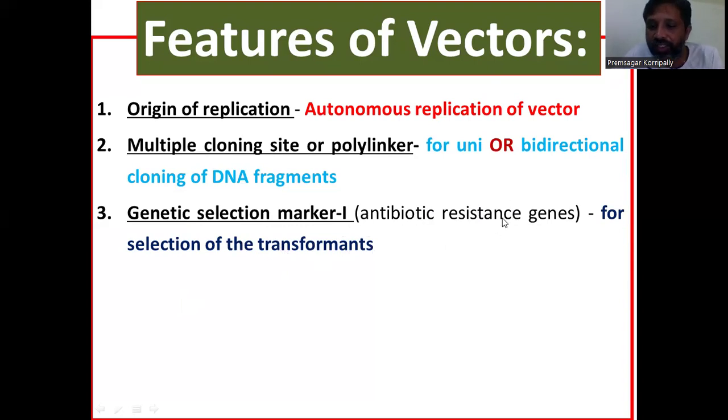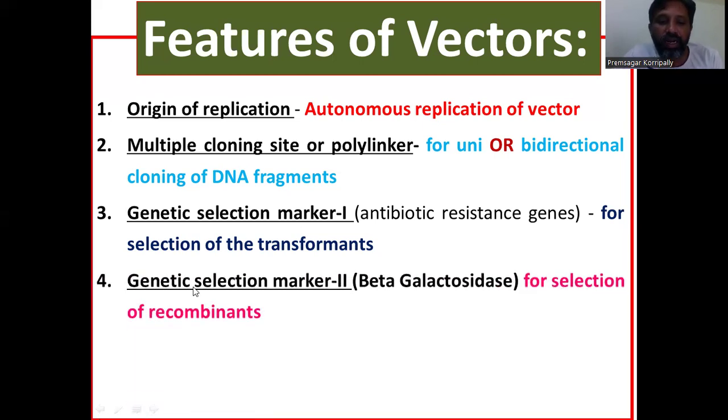Antibiotic resistance genes naturally act as a genetic selection marker. So when the vector has an antibiotic selection marker and is transformed into E. coli, for example, then that E. coli can grow in the presence of antibiotic. Non-transformed E. coli or other systems will die. Only transformants survive because of the presence of the genetic selection marker in the vector.